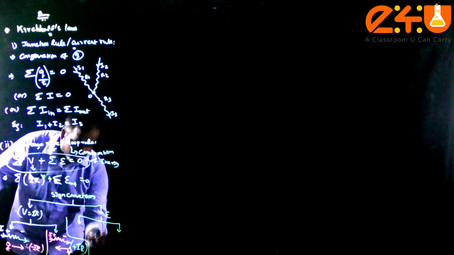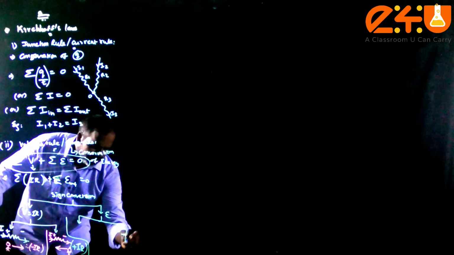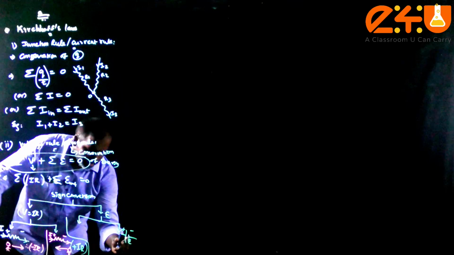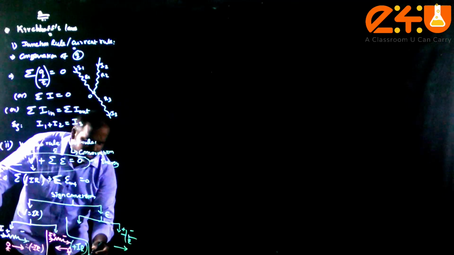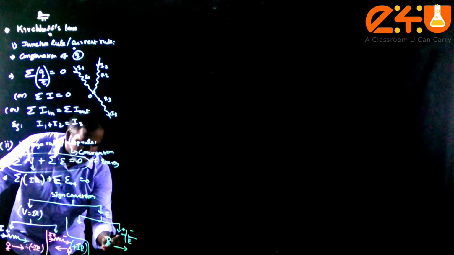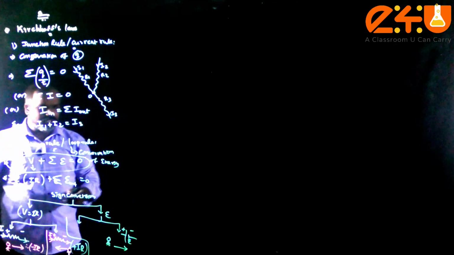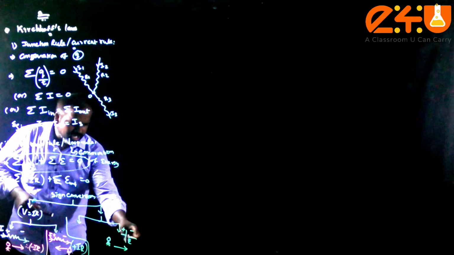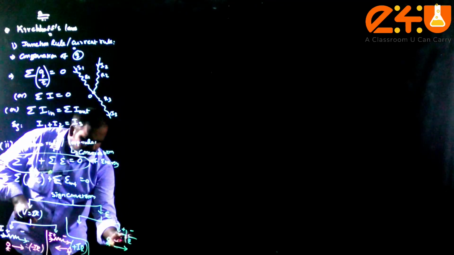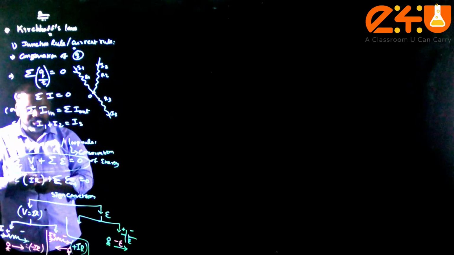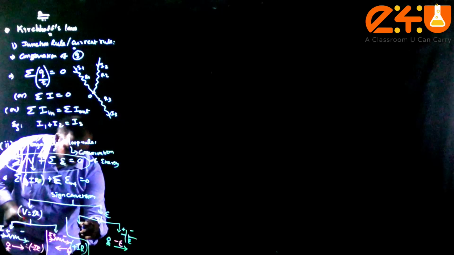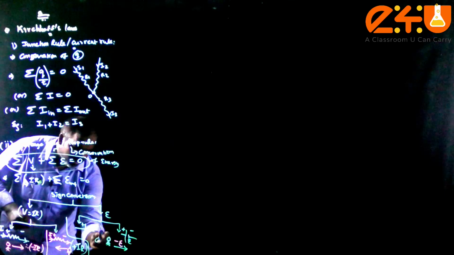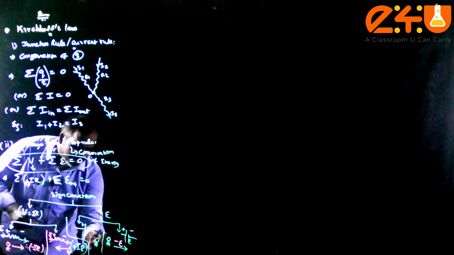In the case of a cell, suppose this is the cell with positive and negative terminals, and this is the EMF. If you are walking along this direction, which is your direction of movement in the loop or circuit, at last you are crossing the negative terminal, therefore the EMF sign will be minus E. Similarly, here this is the cell, plus and minus, and you are walking along this direction.